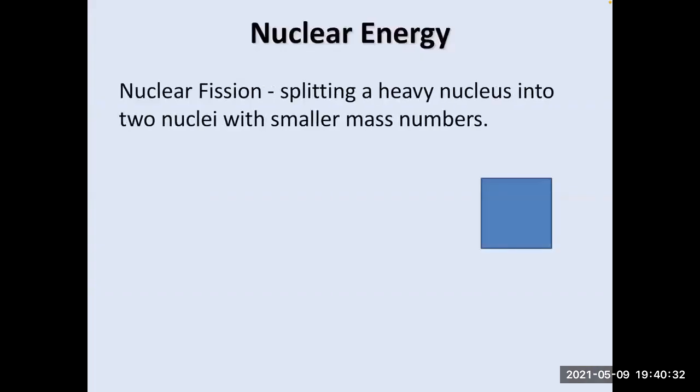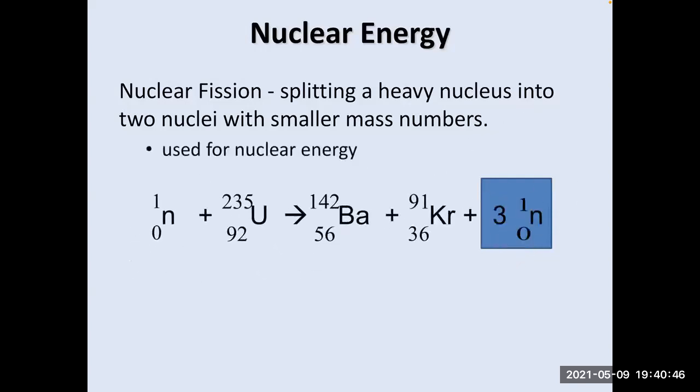All right, so nuclear energy. There are different types of nuclear energy that we can harness. Some of it we can't yet, but we're trying. The first one is nuclear fission. It is the splitting of a heavy nucleus into two nuclei with a smaller mass number. It is used for nuclear energy. This is showing you an example of the reaction. Basically we take uranium-235 and bombard it with neutrons.